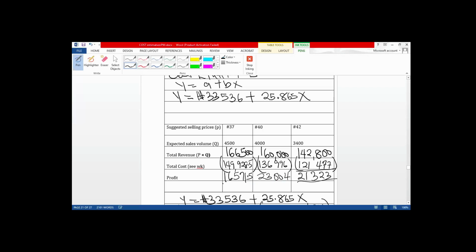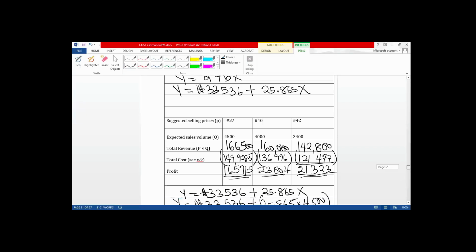Now look at the three options. Which one is giving you the highest profit? At what selling price will the company have the highest profit? At 40 naira. The examiner says estimate the optimum selling price.